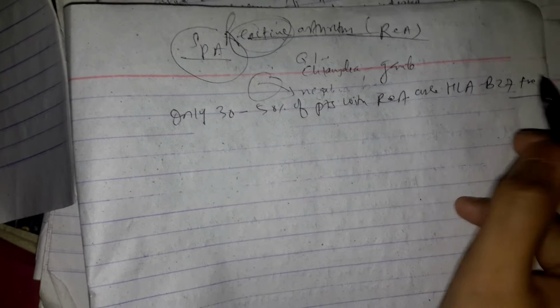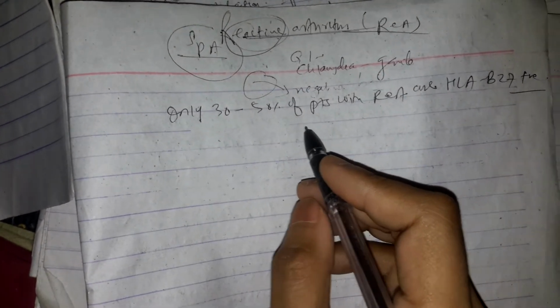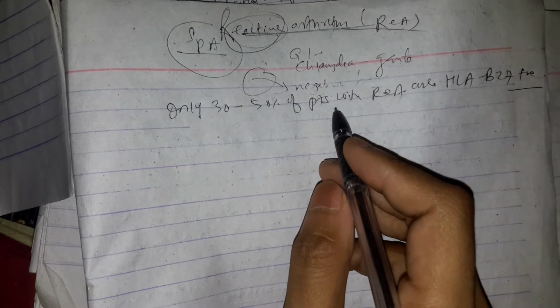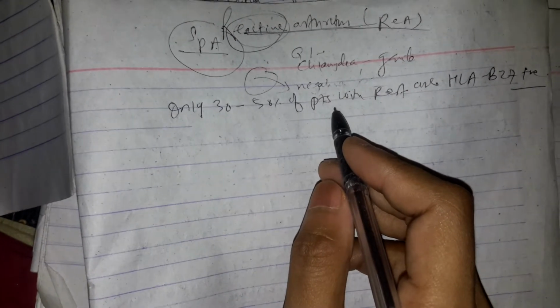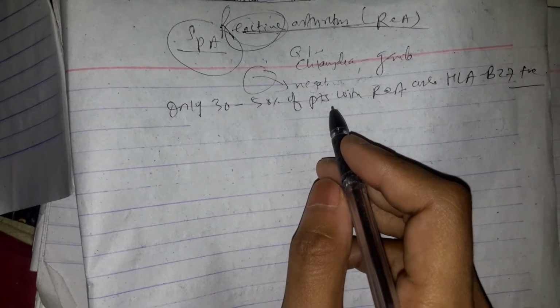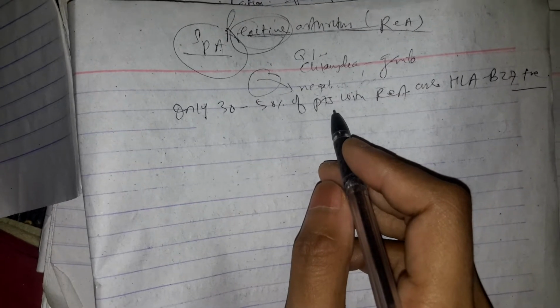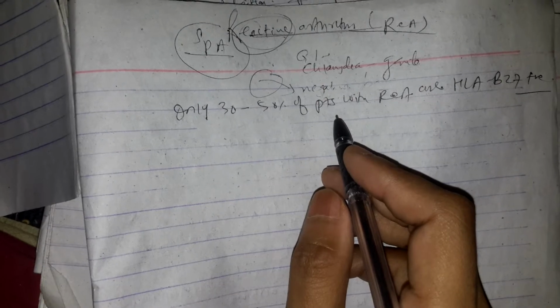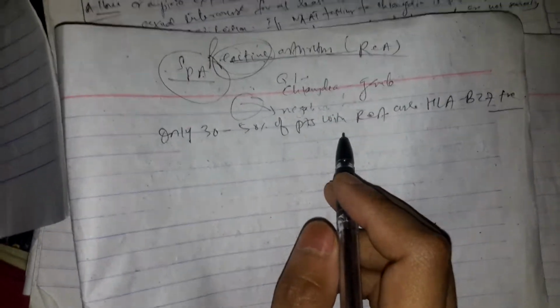It means not all patients are positive, only about 30 to 50%, and testing for HLA-B27 may assist with diagnosis of reactive arthritis in indeterminate cases, but the marker is neither sensitive nor specific.